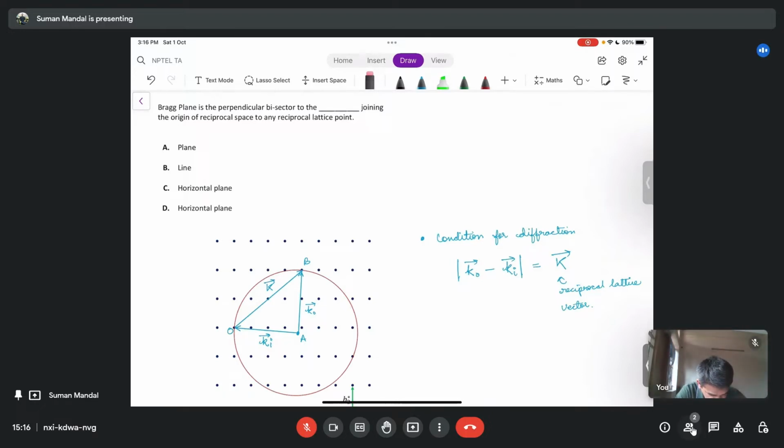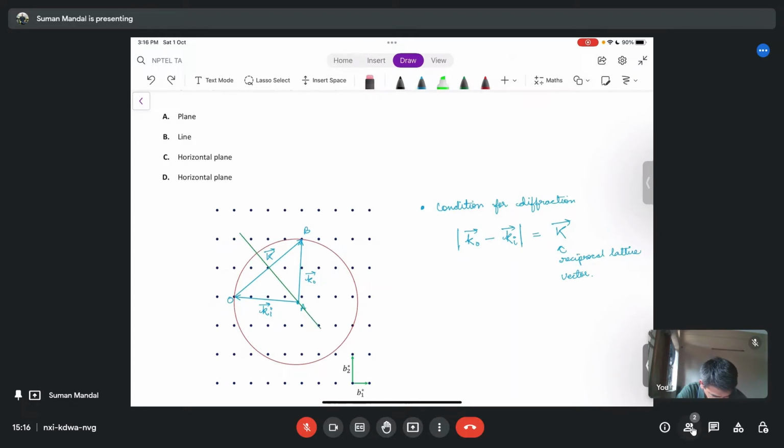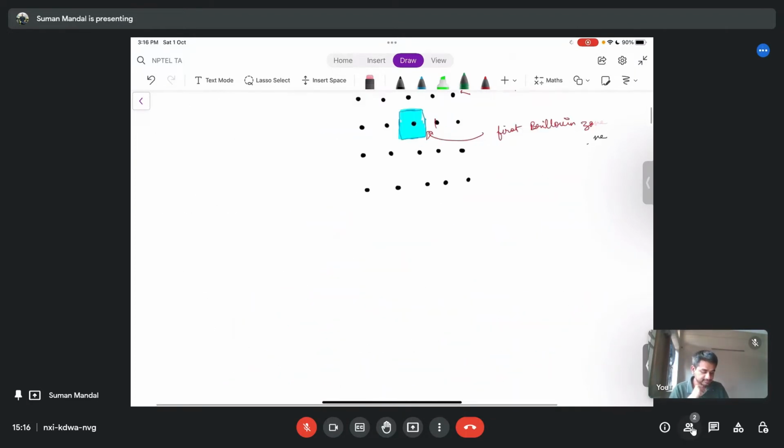So it will be something like this. So this is the Bragg plane.